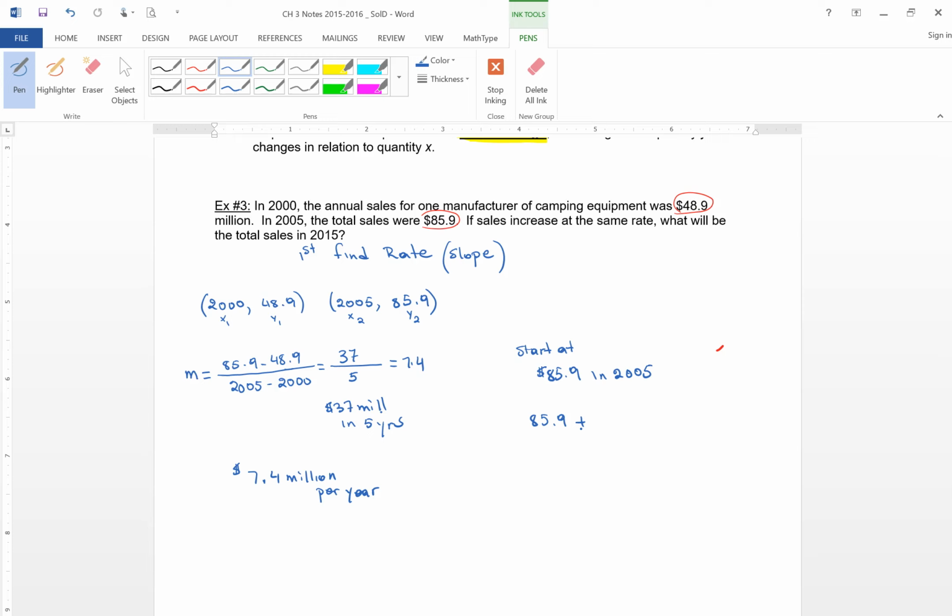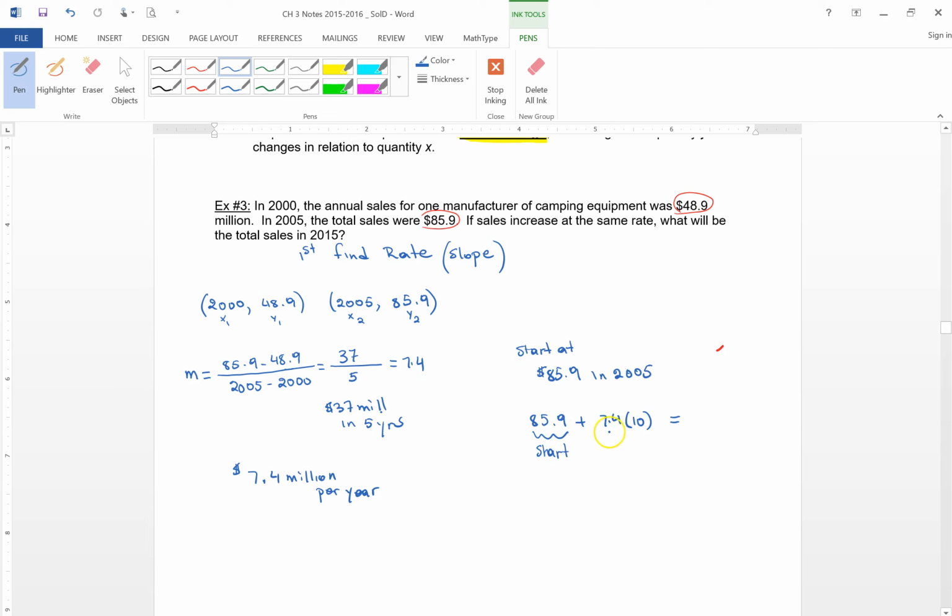Hang on. Okay? From 2005 to 2015 is 10 years, right? So we're adding 7.4 per year for 10 years, okay? And we want to know how much does that add up to, okay? So this is the starting.